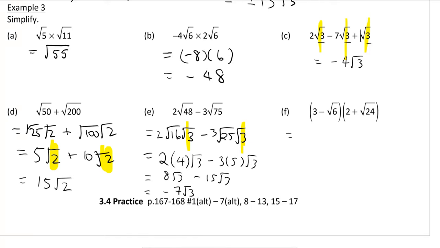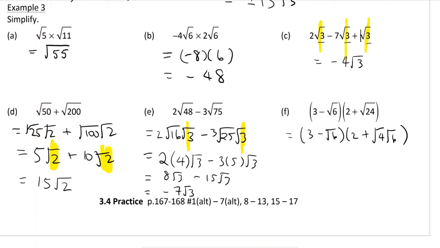I know FOIL is something I will do eventually, but there's a reason why I'm going to break this down first, and I want to show you why. So 24, what number multiplies to 24? We can do 4 and 6, right? Yes, that works. So we can turn this into square root of 4 times square root of 6.